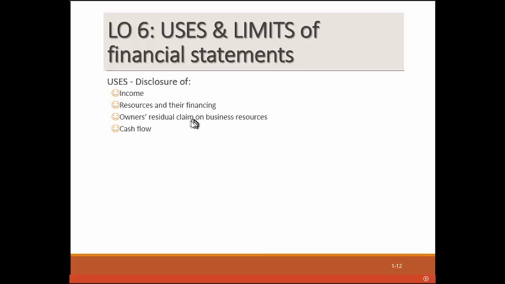The owner's equity represents the amount that the owners could claim if the business went under and the assets could be sold for their book value. Also, the financial statements show cash flow, where the cash increased or decreased because of operating activities, financing activities, and investing activities.